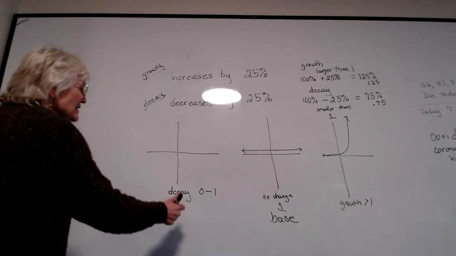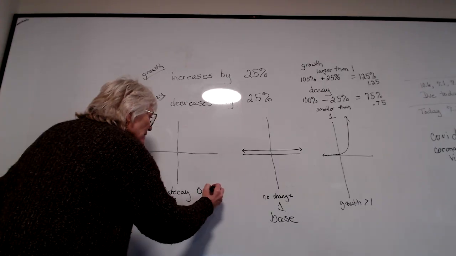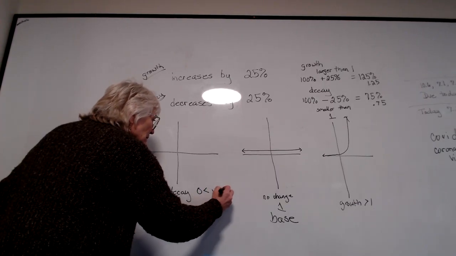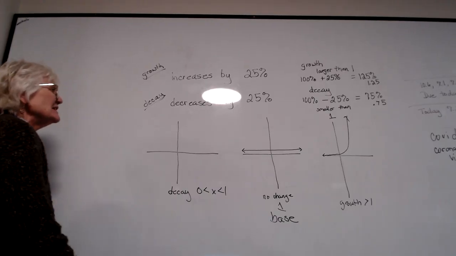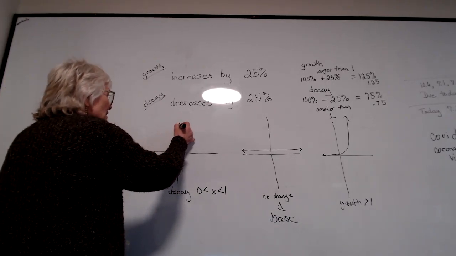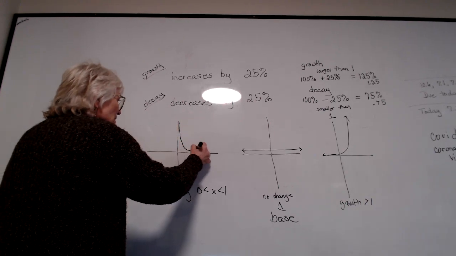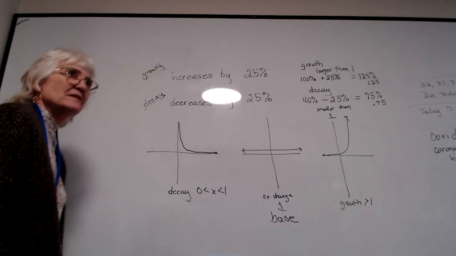If your base is a fraction, between 0 and 1, a proper fraction, it's a decay function, and we start high, and then we come down and gradually go like that.